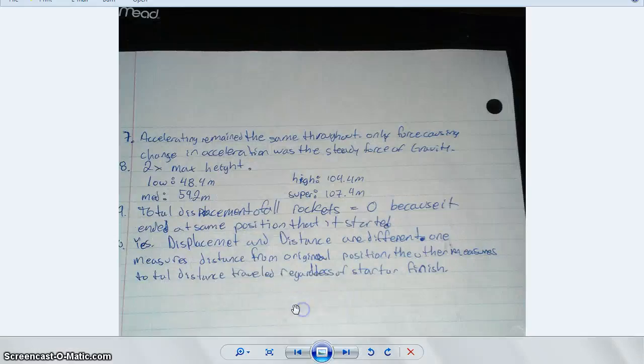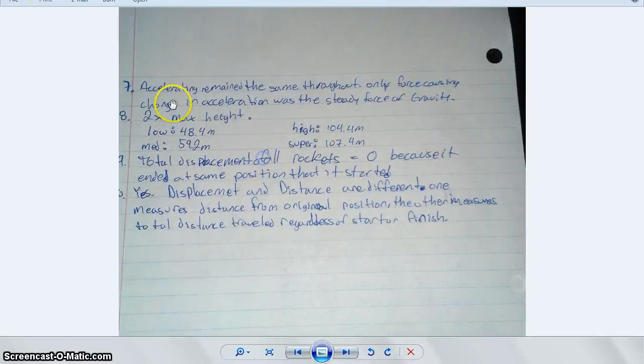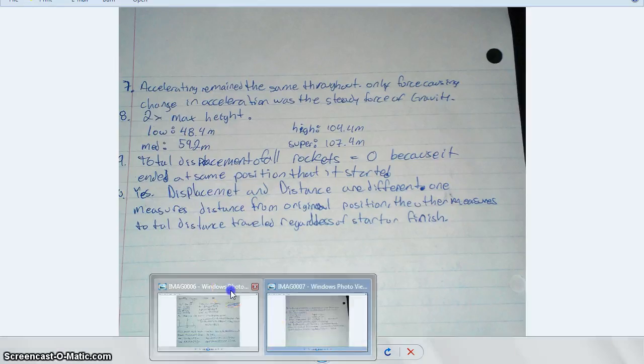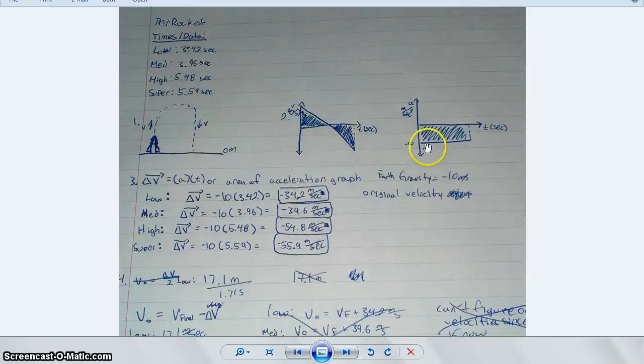But yeah, on to the next page, we have question number 7. It's asking if the acceleration was different when the velocity reached 0, and it wasn't, because if we come back to this graph over here, the acceleration is constant throughout the whole time.